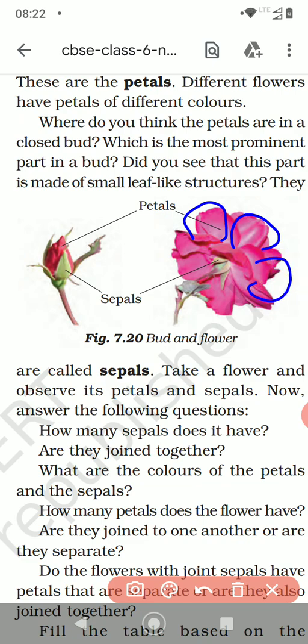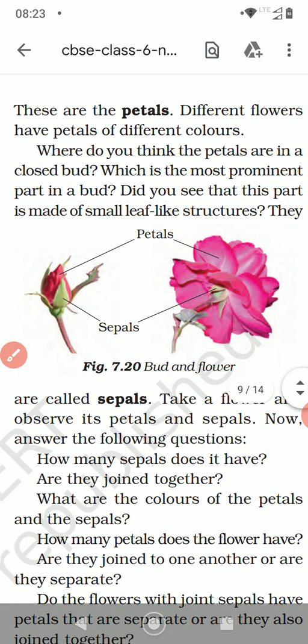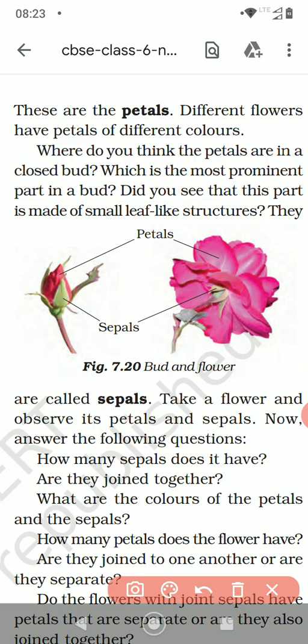They are called petals, and this green covering, by which a bud is covered, is called sepals. Okay, so now we know what are petals, what are sepals. We'll just read the definition and underline. These are the petals. Different flowers have petals of different colors.